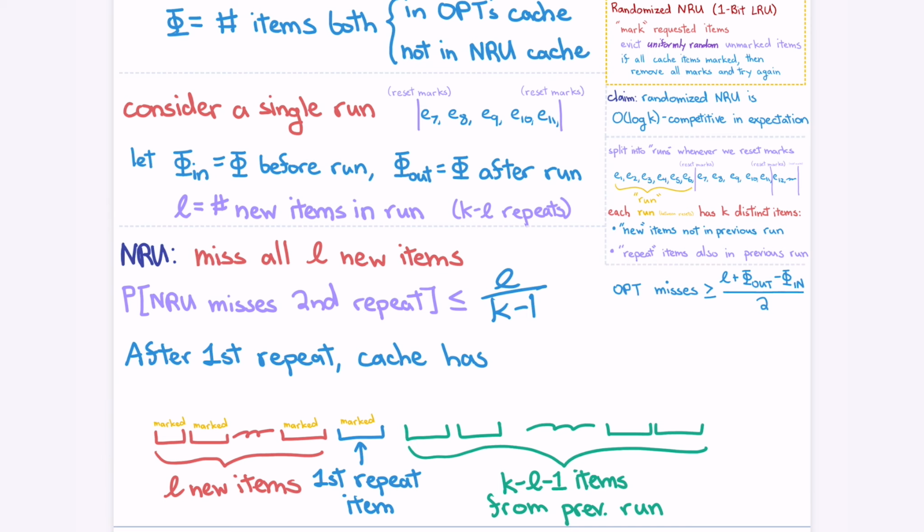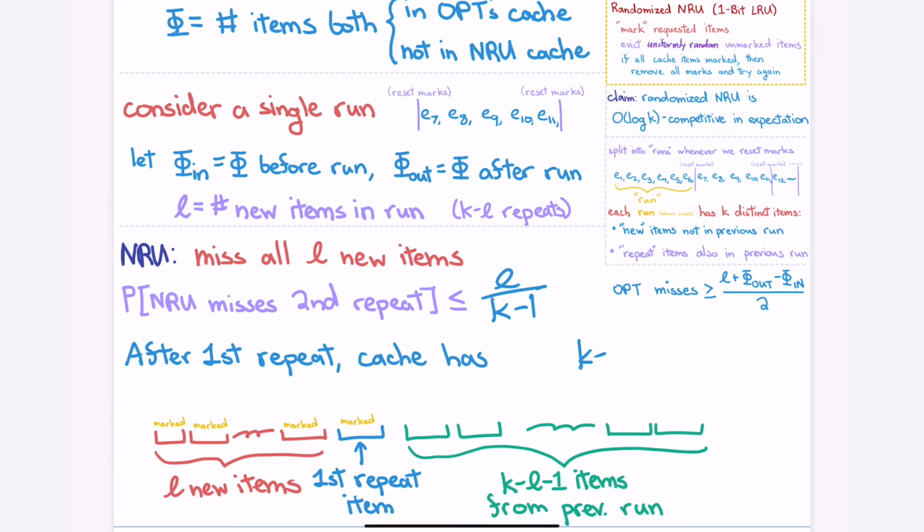Oh, okay. Let me do this a little bit slowly. So out of K minus one items that haven't been repeated, okay, so you've already repeated one item, right?